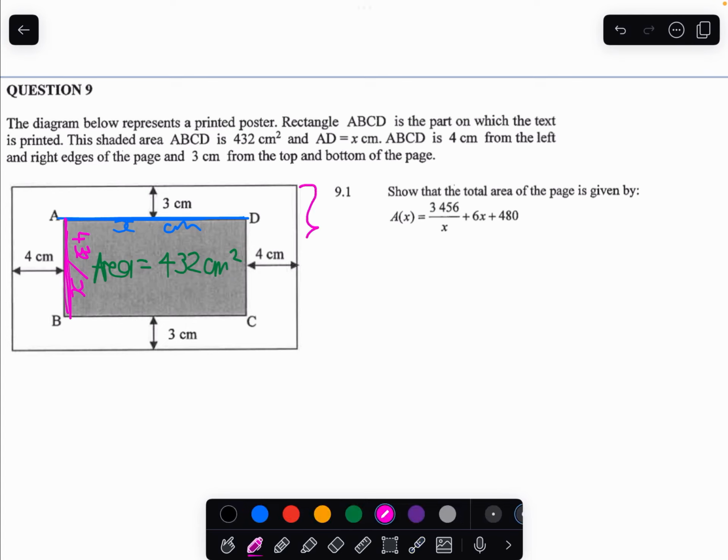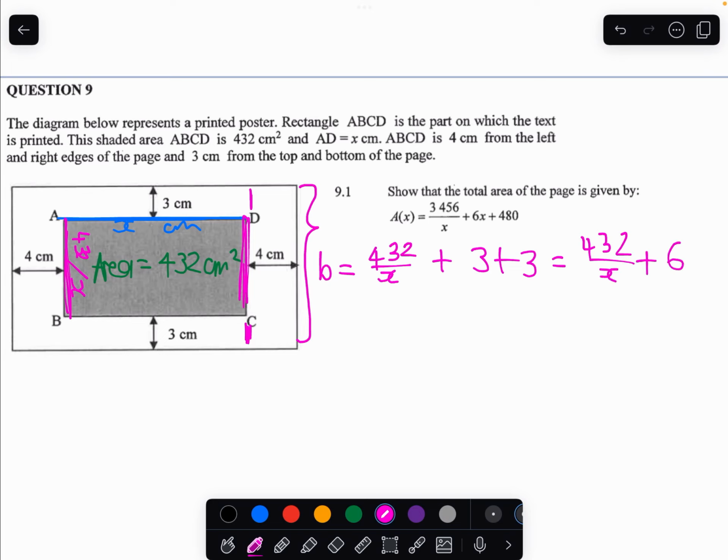I guess this is the breadth. The breadth of the rectangle is 432 over x, so that's this bit over here, plus this 3 and this 3, so plus 6. So that is 432 over x plus 6.